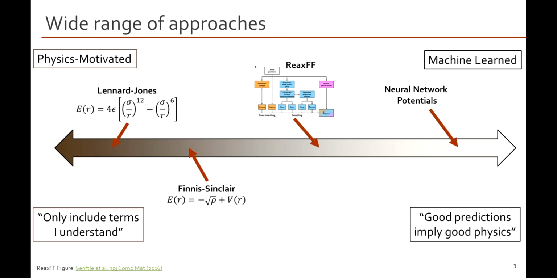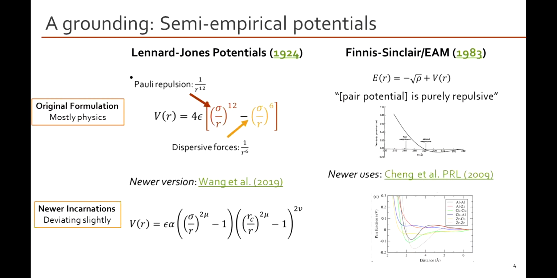So before we get into the machine learned potentials, it's actually worth going in and understanding these interatomic potentials based on physics well. And we'll start off with a very simple one, the Lennard-Jones potential, which actually was invented about 100 years ago. Now these describe the energy of a system, which we denote V, as a function of the distance between two atoms. And this function has only two terms.